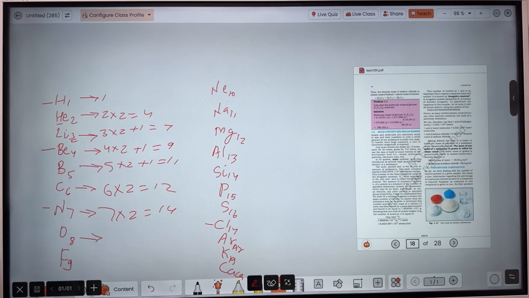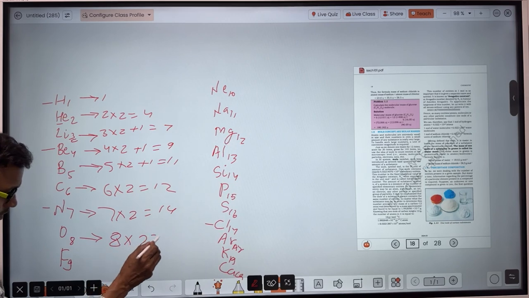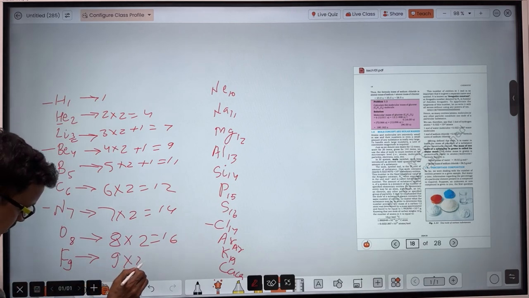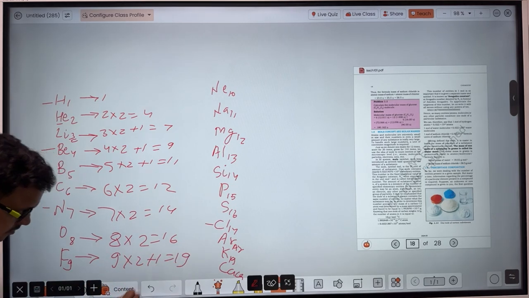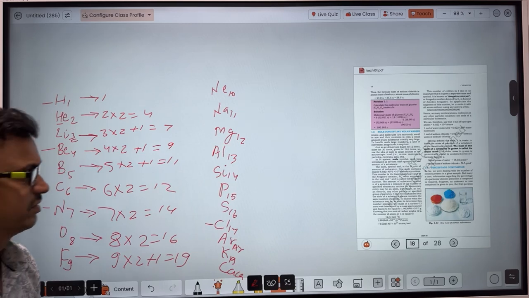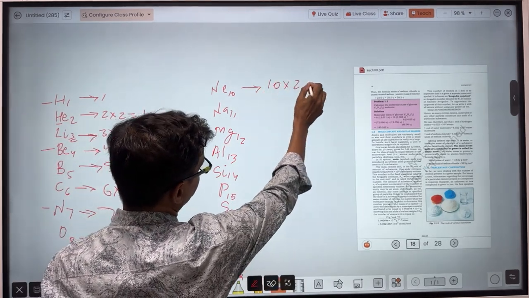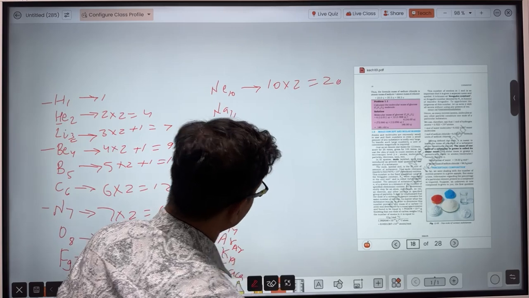Oxygen 8 is an even number, so its atomic weight will be 8 into 2. Fluorine 9, the atomic number is an odd number, so its atomic weight will be 9 into 2 plus 1. Now neon 10 is an even number, so its atomic weight will be simply 20.